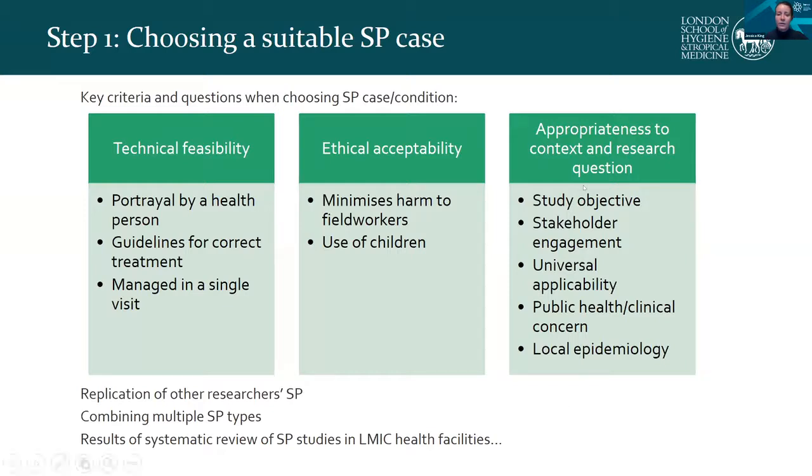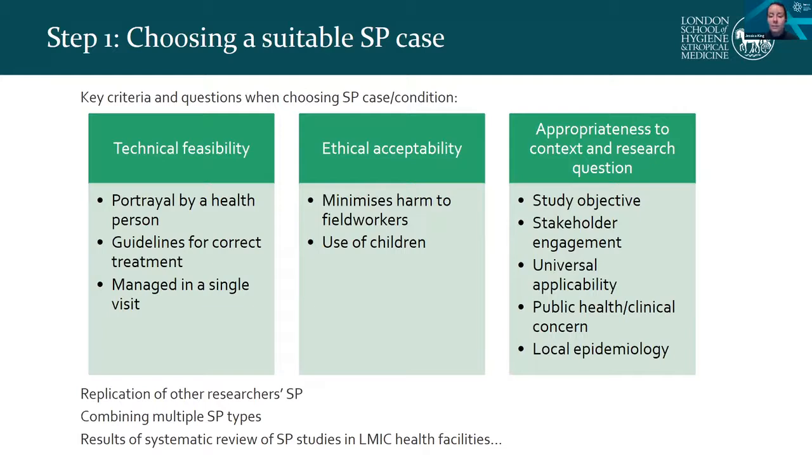And then finally thinking about the more scientific questions about the appropriateness to the research question. So does the condition of the patient answer something about the study objective? If in particular you're trying to measure the impact of a piece of work to improve quality of care for malaria, you need to make sure that the standardized patient will capture that.